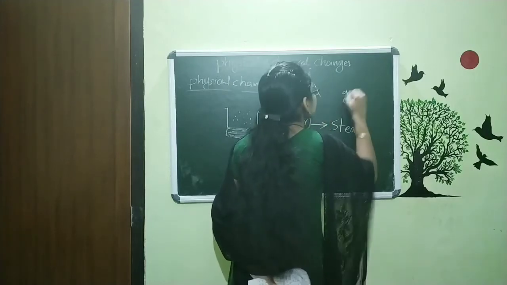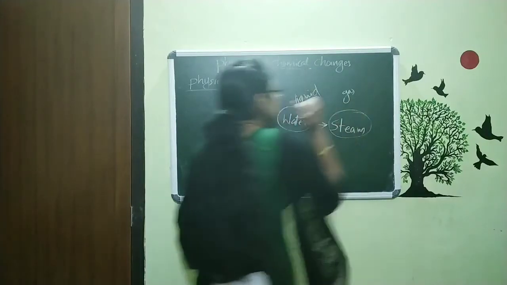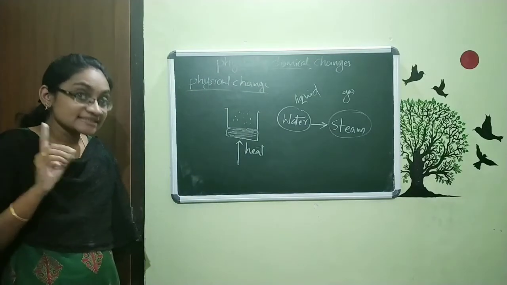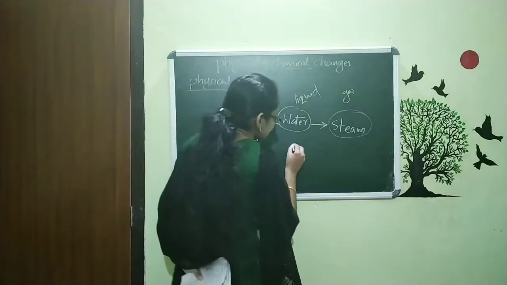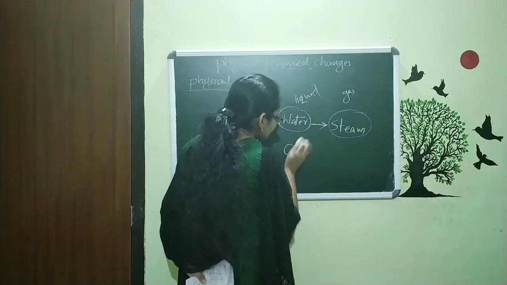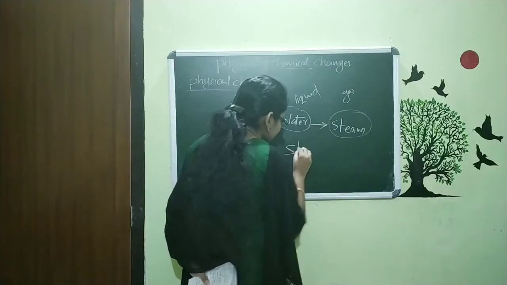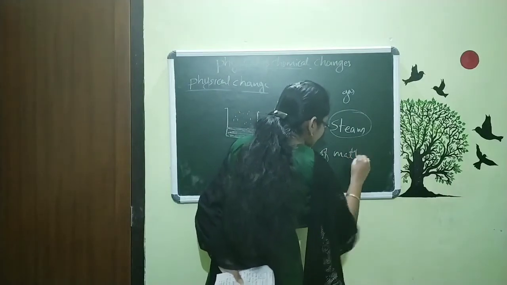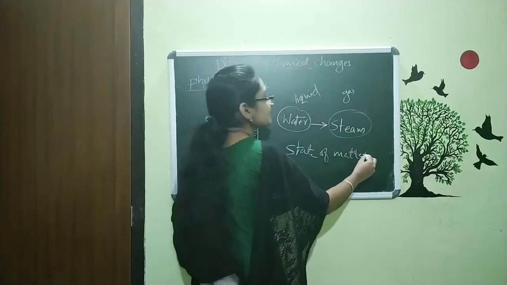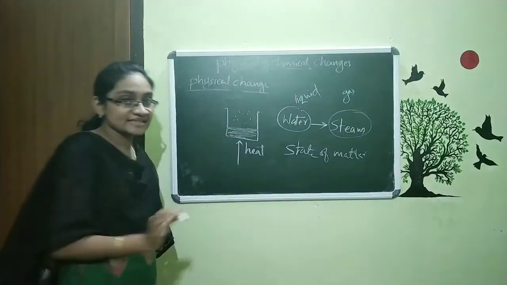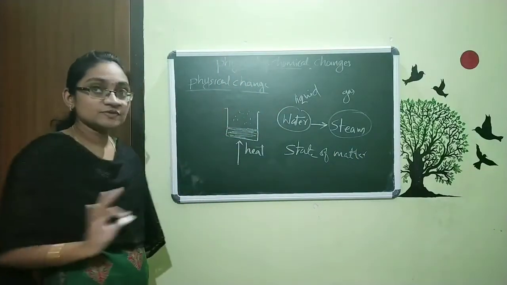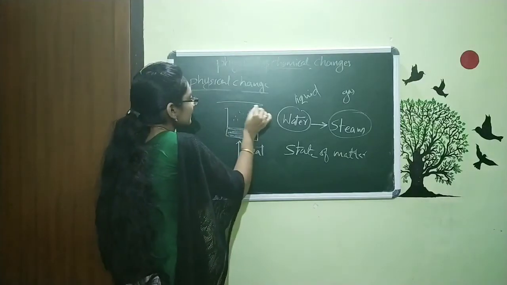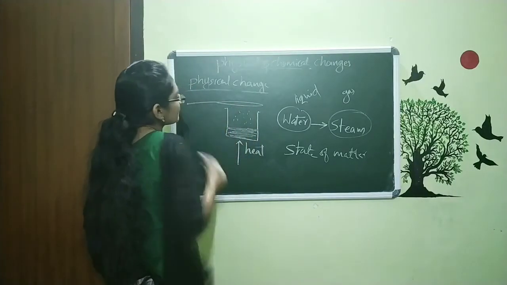It turns to gas. So here also you can see the same change of state, or the state of matter is changed. The state is getting changed from water to steam. And also you can see one thing: when I just keep one lid here, what you can see?